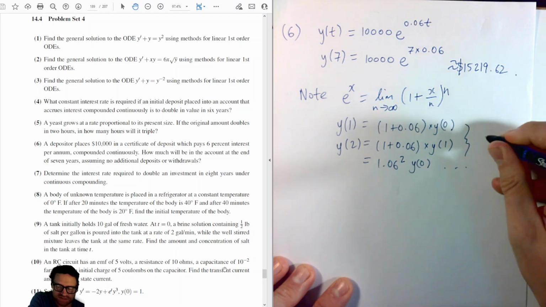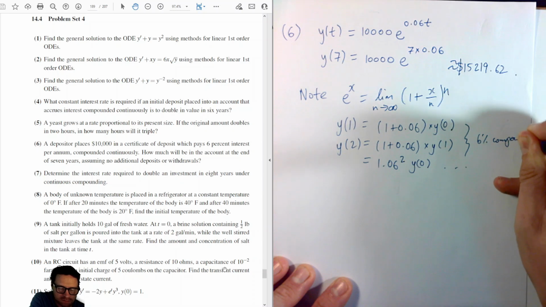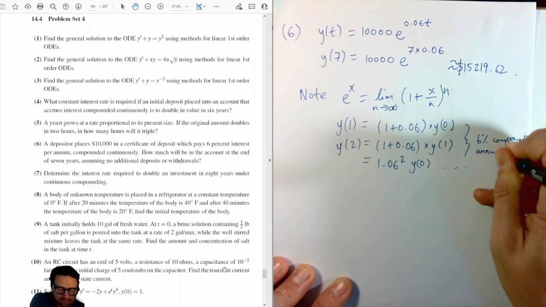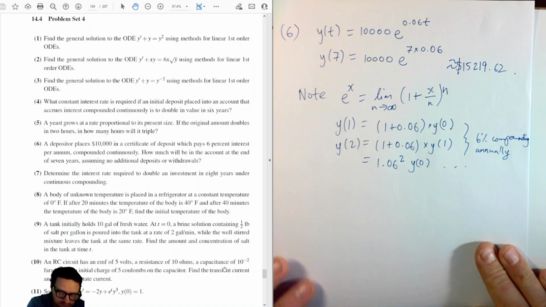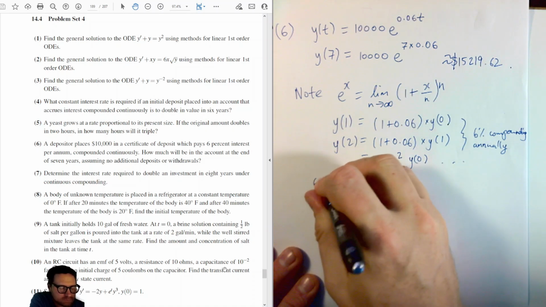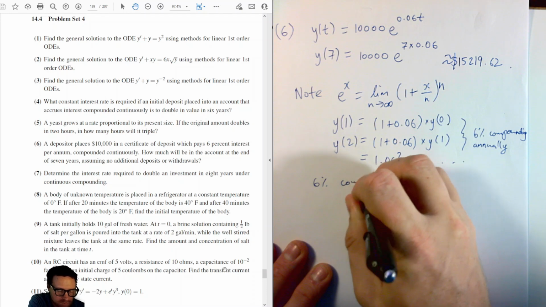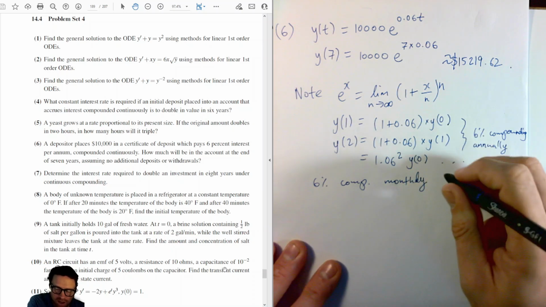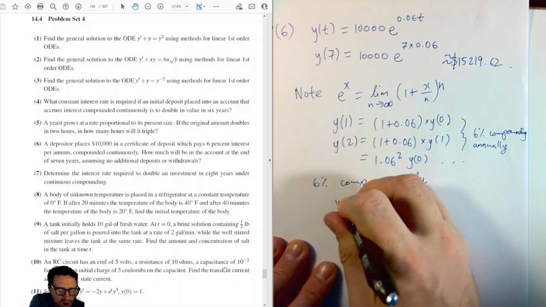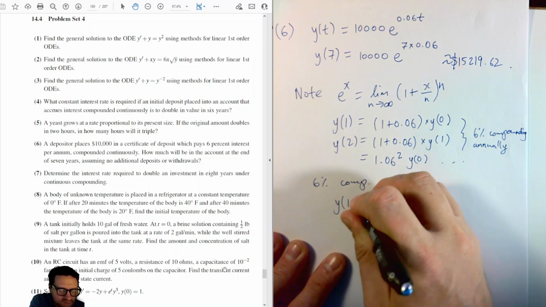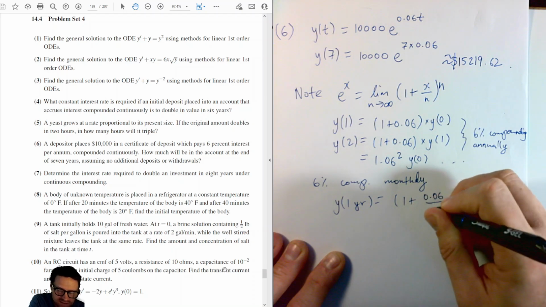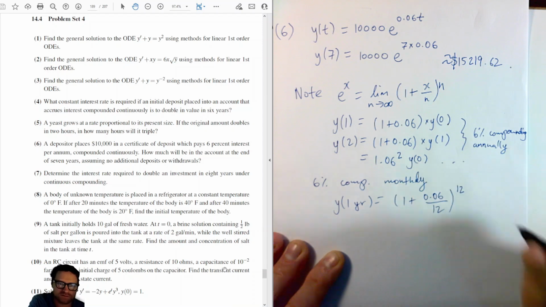Okay, and so this is if it's 6% compounding annually. Now, if we're compounding monthly, what this looks like is y after 1 year is equal to 1 plus 0.06 over 12 all to the power of 12.